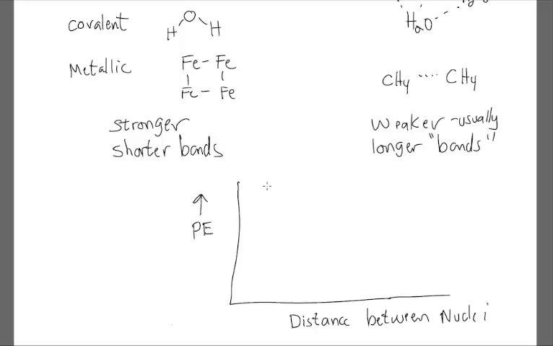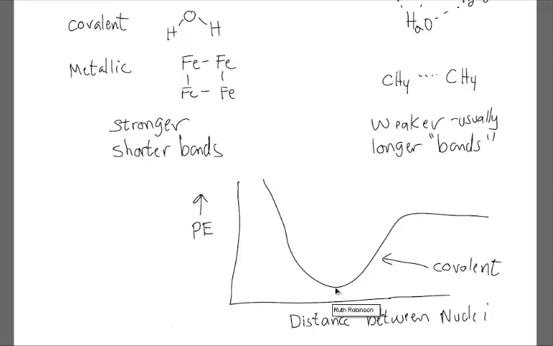And we've looked at a curve, something like that, for covalent bonds. So that's a bonding force. And the average distance between the molecules would be given here, and the bond energy would be the difference between this part of the well and up here. So the bond energy would be this distance.